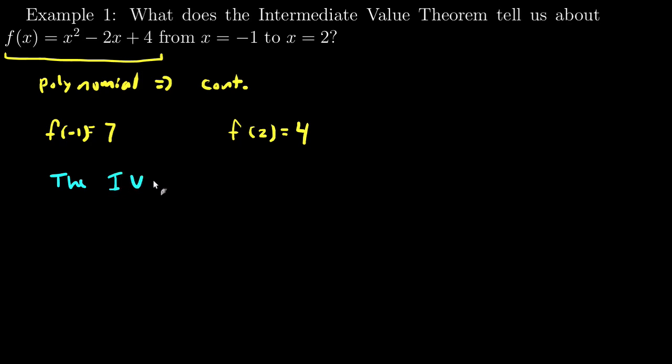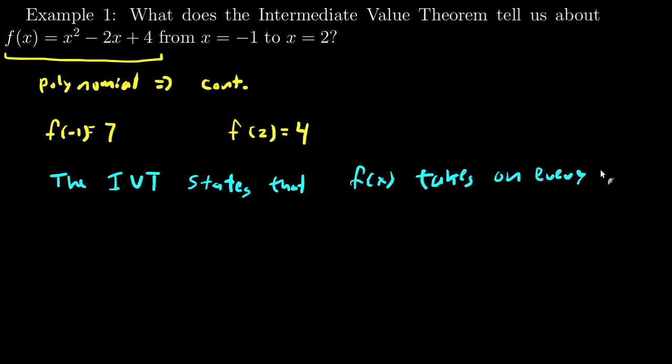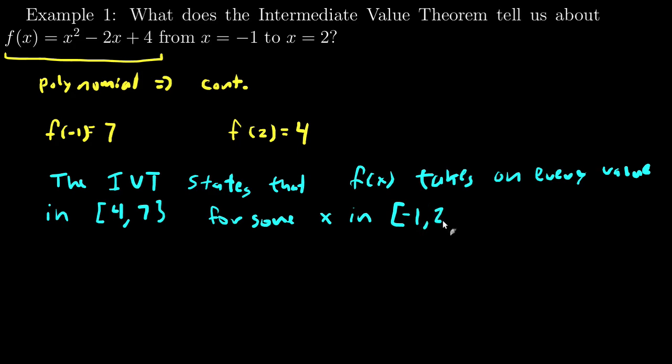The IVT states that f of x takes on every value in the closed interval 4 to 7, the output values, for some x in the closed interval negative 1 to 2.